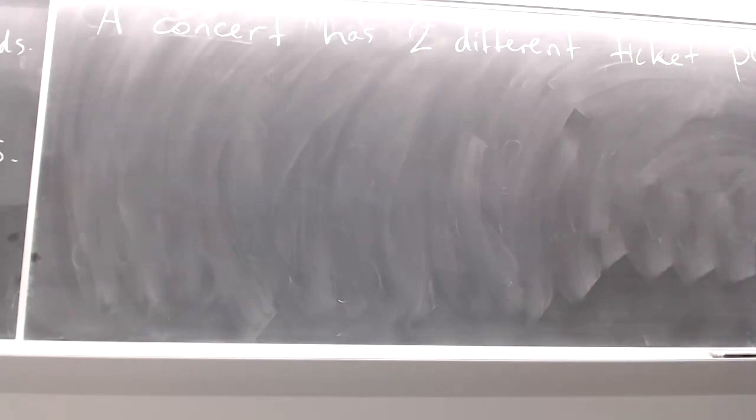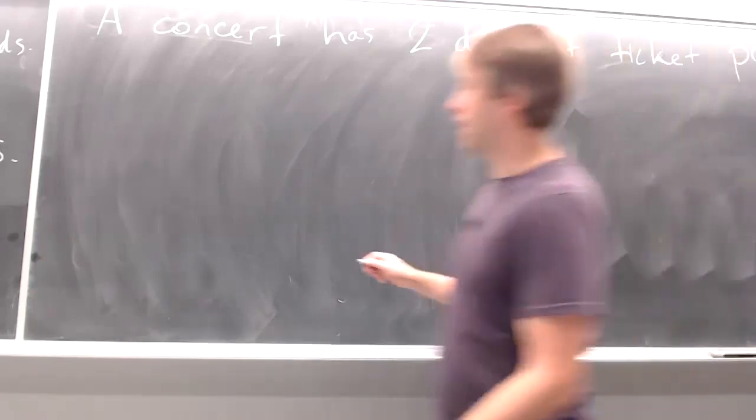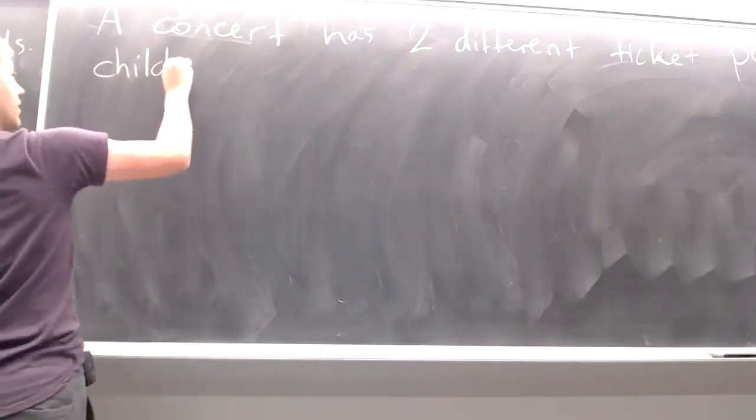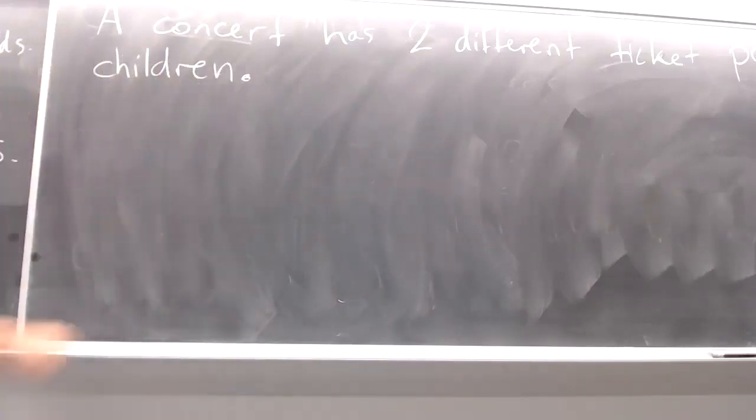There's one price for adults and there's another price for children. What I mean by this is there's an adult price and a child price, so there are 2 different prices.